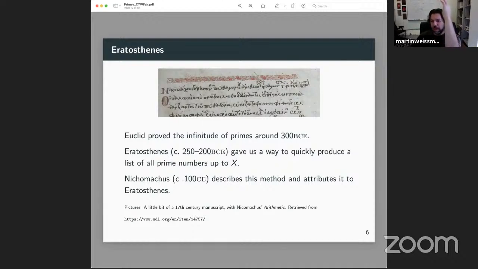The sun was directly overhead. It was the longest day of the year. In the other location, there was a shadow. By measuring the difference, he knew how far apart these towns were. He was able to calculate the circumference of the Earth and did a pretty decent job in this approximation back around 250 BC. So Eratosthenes is most famous for that.